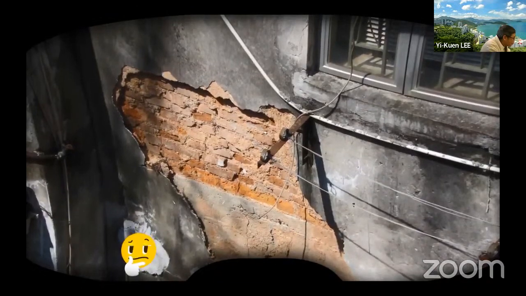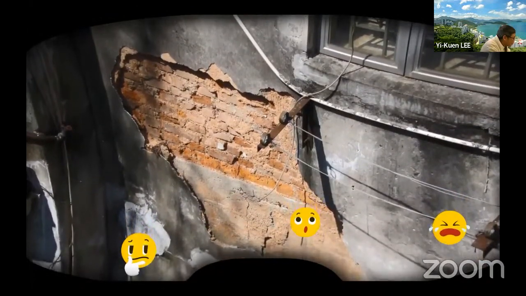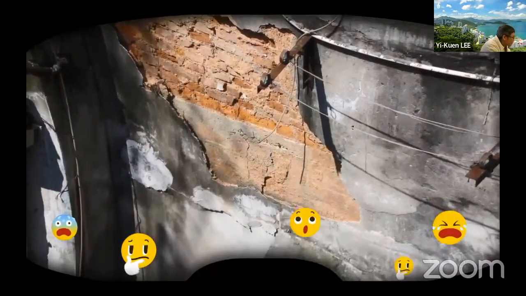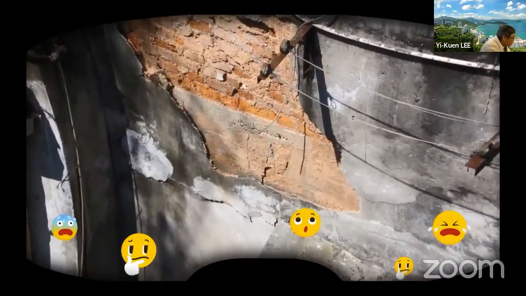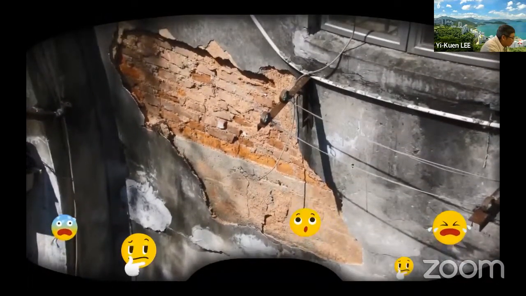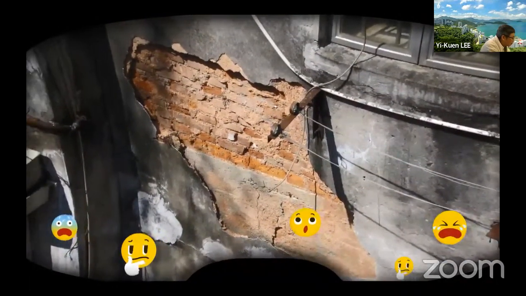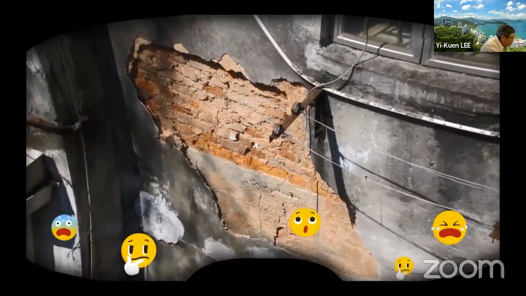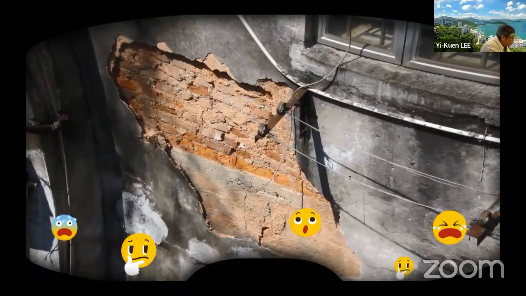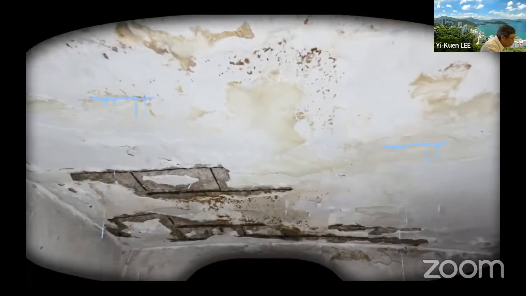We call it defective external wall. Aging of external wall finishes or abnormal movement of building causes deterioration of external wall finishes. It's not only a matter of appearance. The loss of protection of external wall will speed up the aging of the building. Horrible. Ew.